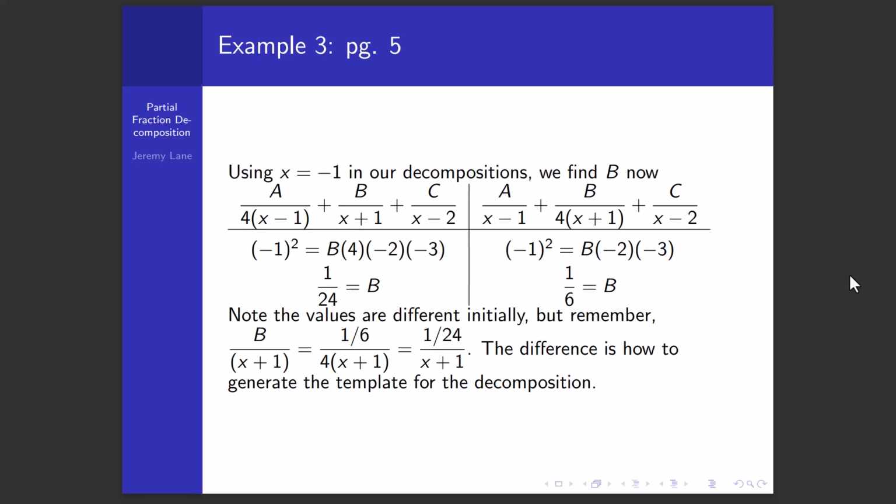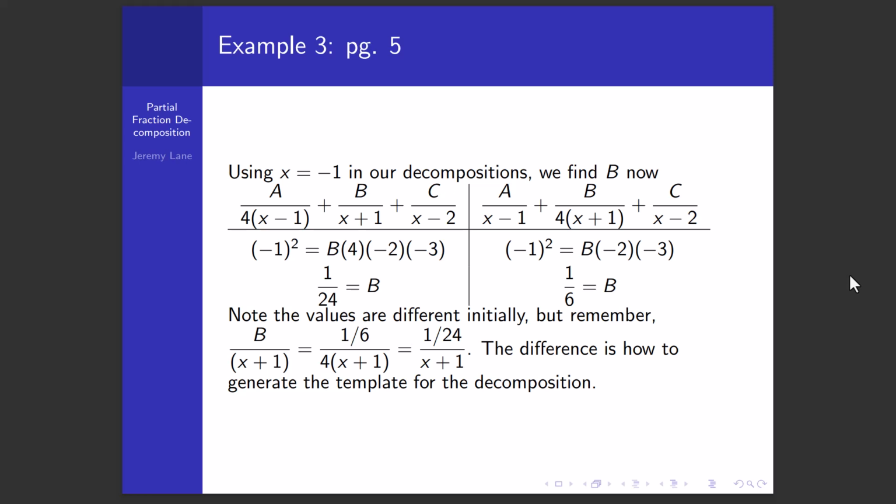When we use x equal negative 1 in our decomposition, we can find out what the value of b is. Now, again, on the left, we have 4 as part of the denominator for the a value. And when we do the details of this substitution, we get 1/24 for b. On the right, we have 4 already in the denominator under the b value itself. So we get b to be 1/6 when we do this substitution method.